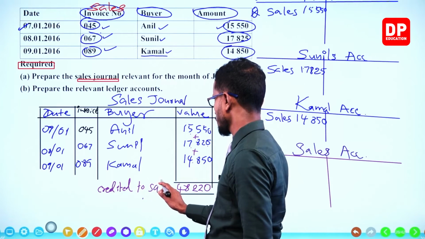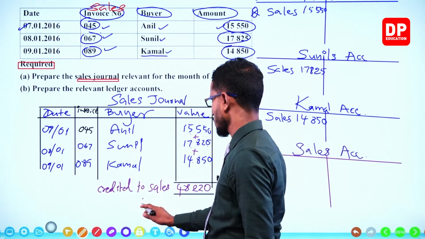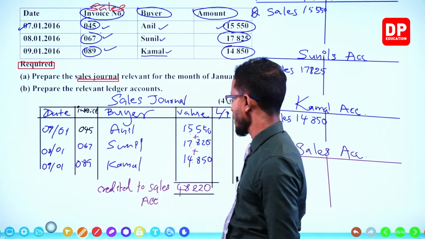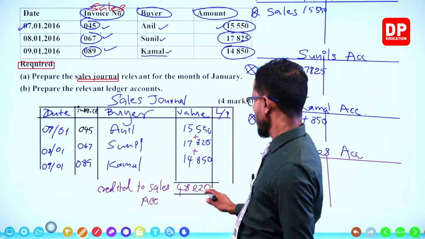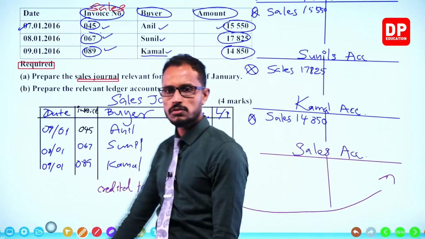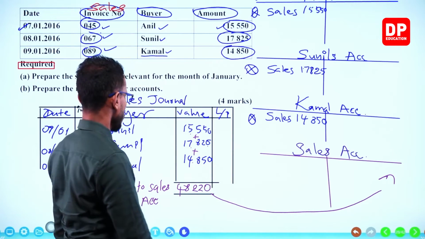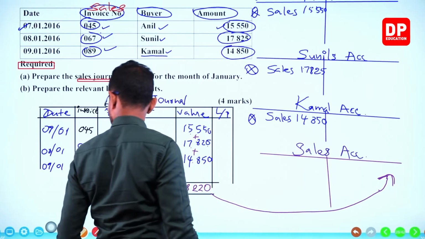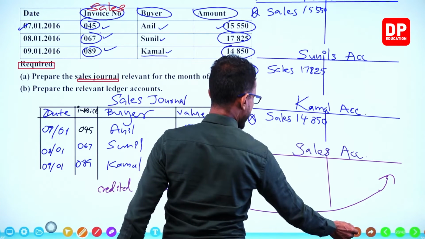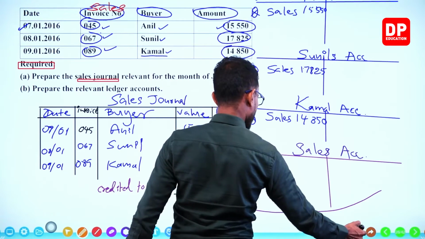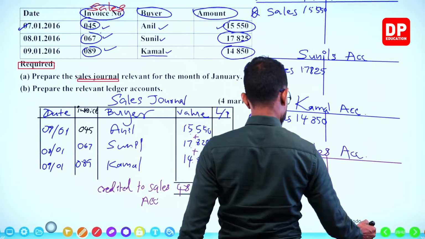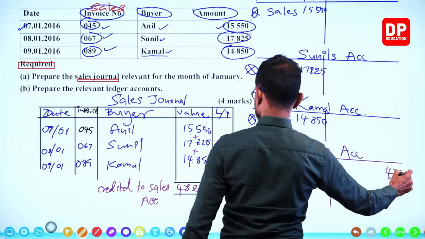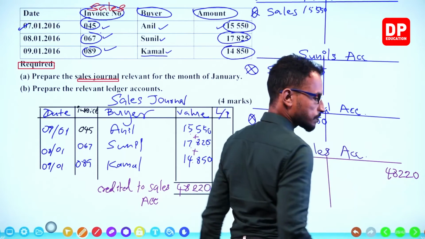Sales account. It should be credited to sales account right here. See? $48,220.